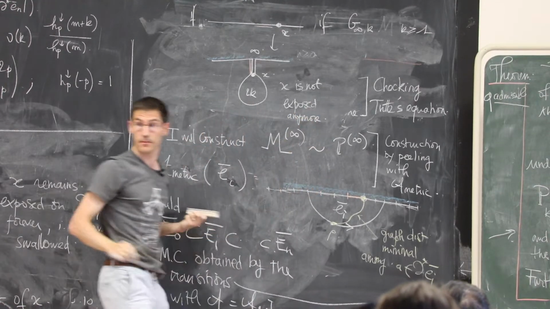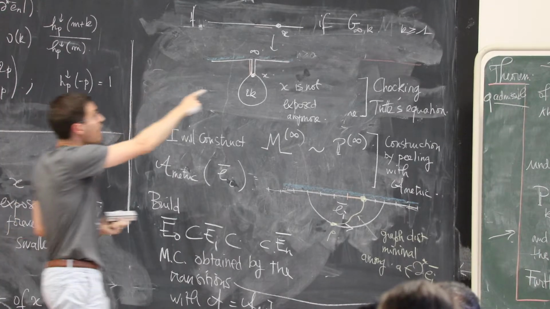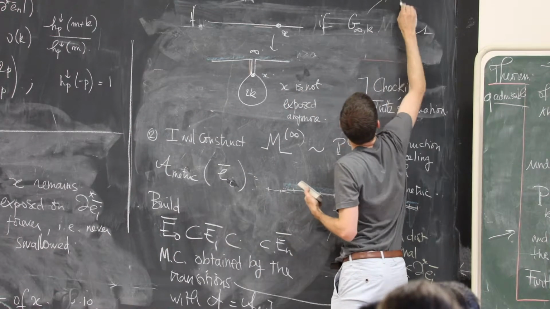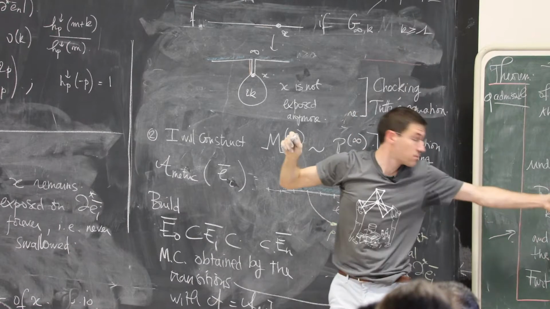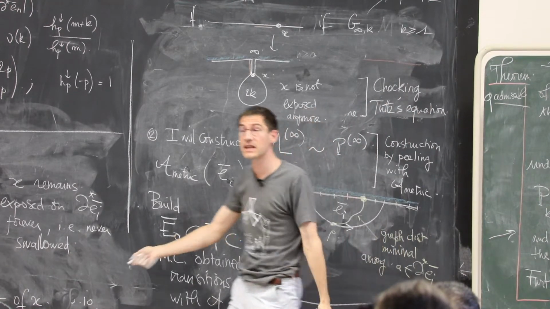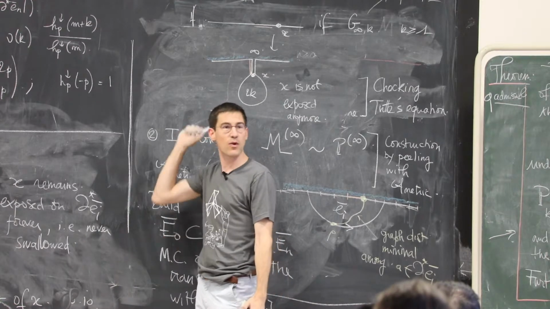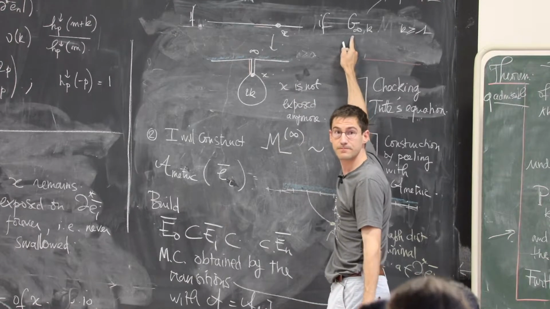You agree? So that means that each time I'm peeling on the left of x, I should not get this event. But this has positive probability. So come on. If I'm peeling infinitely often on the left, there will be some time where I'm facing those kind of events.